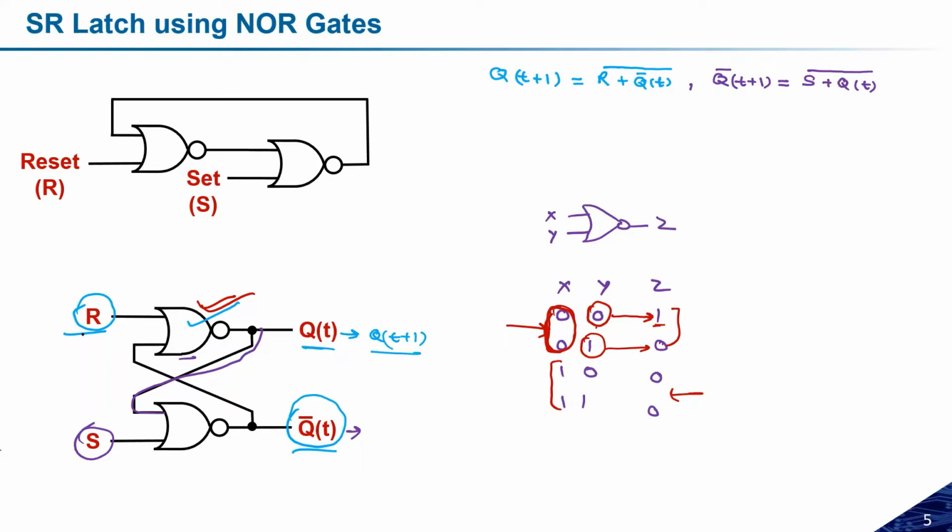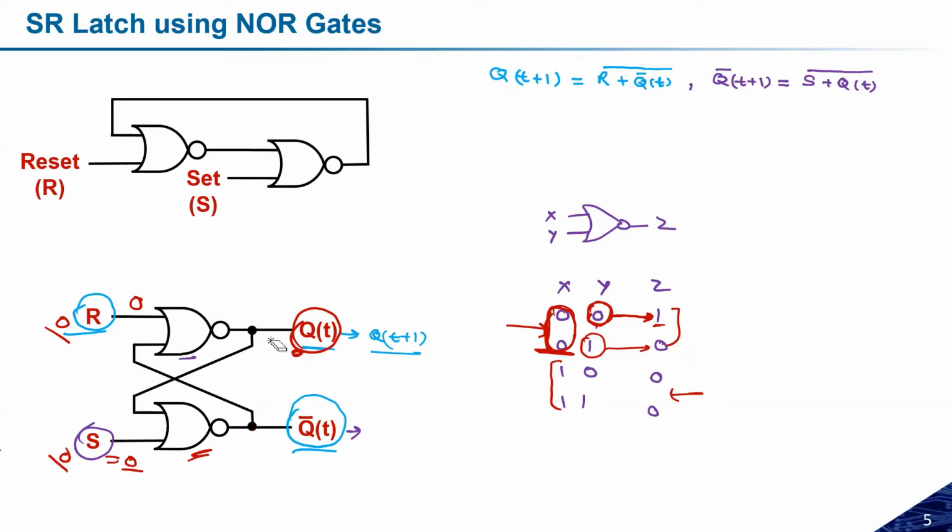Initially R and S are both 0, which means one input of each NOR gate is 0. So whatever the second input is, the output will be its complement.